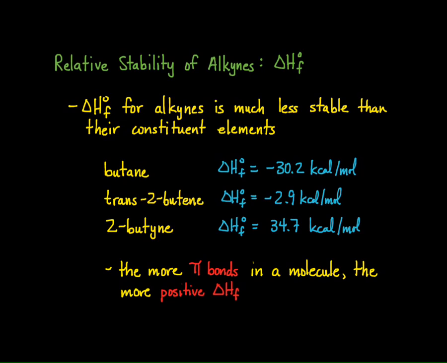Even though the bond length is shorter and stronger, the pi bonds actually reside further from the nucleus. And therefore, they are more reactive, more conducive to donate themselves to other things, which we're going to see a little bit later on. So the more positive the delta H of formation, the less stable it is.